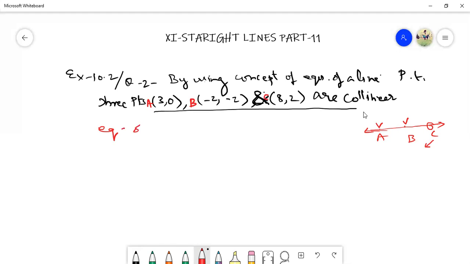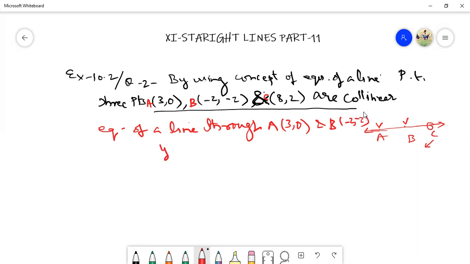So the equation of a line passing through A and B, A (3, 0) and B (-2, -2).